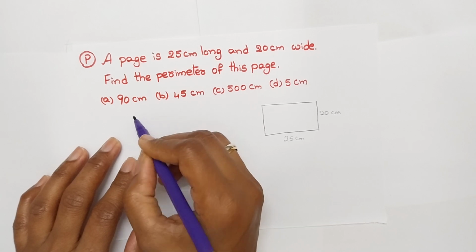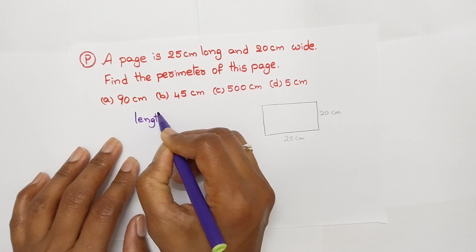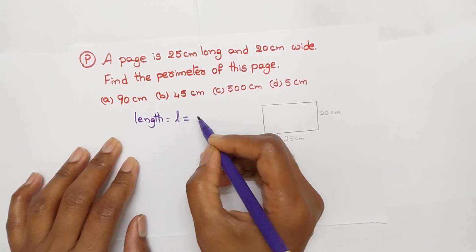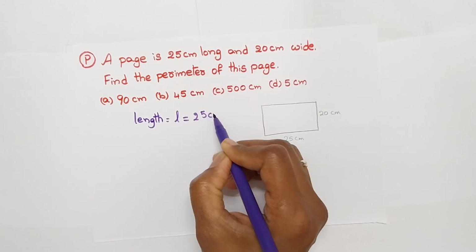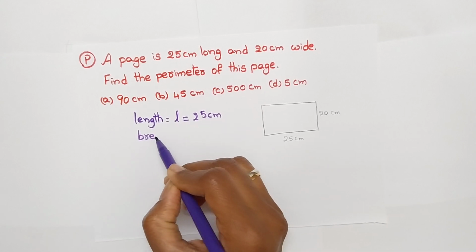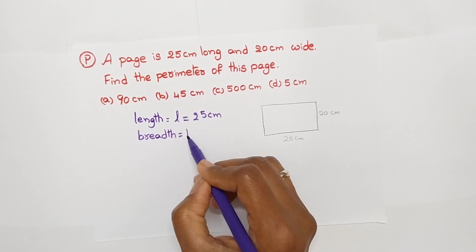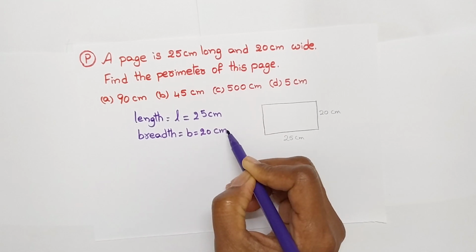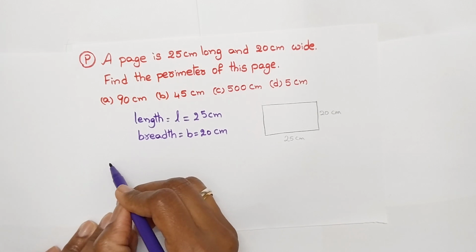Length L equals 25 centimeters and breadth B equals 20 centimeters.